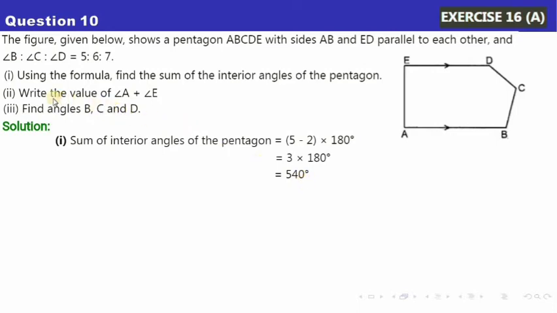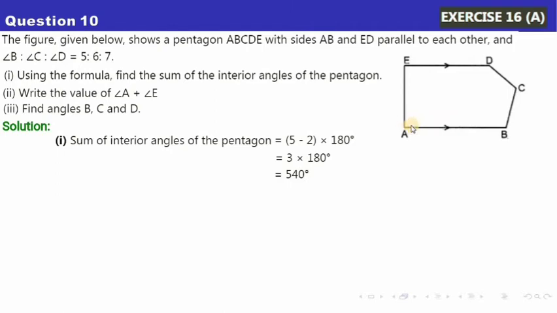Now let's see what the second question is. The second question says, write the value of angle A plus angle E, that is this angle and this angle. Now you need to remember one thing. If there are two parallel sides, the adjacent angles containing the parallel side matter.